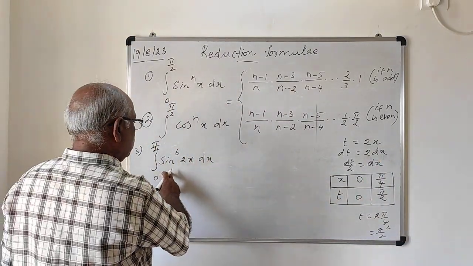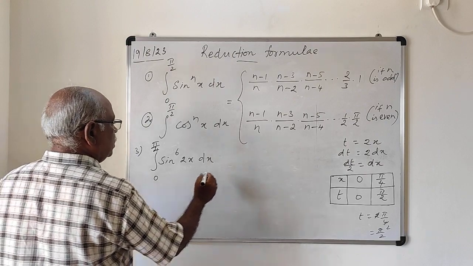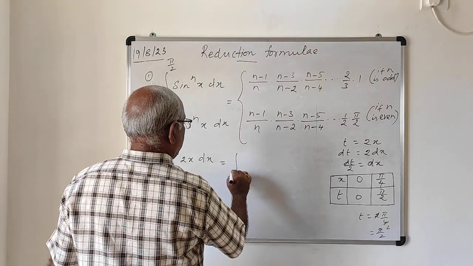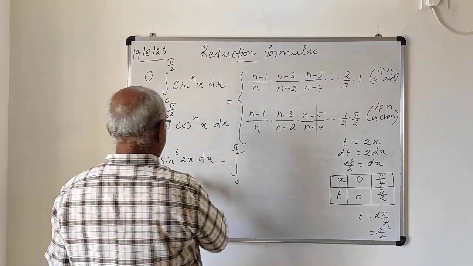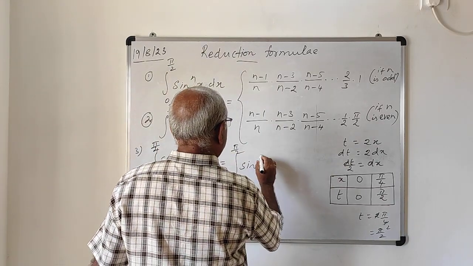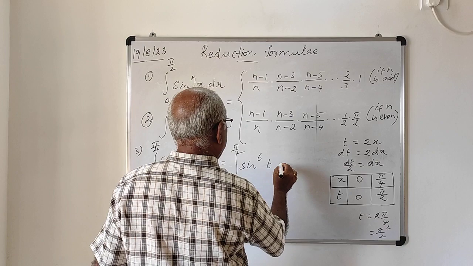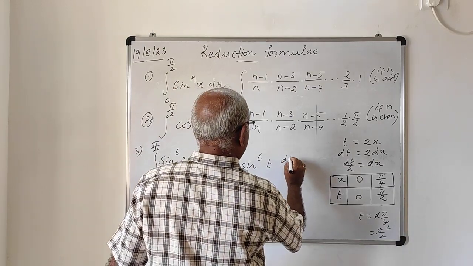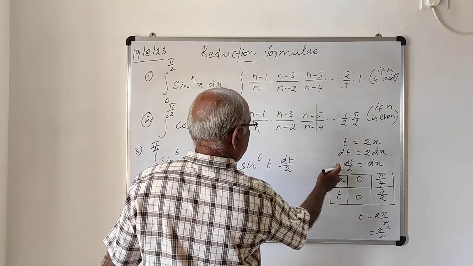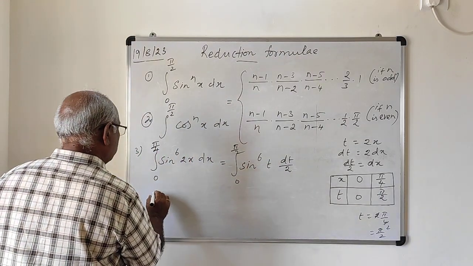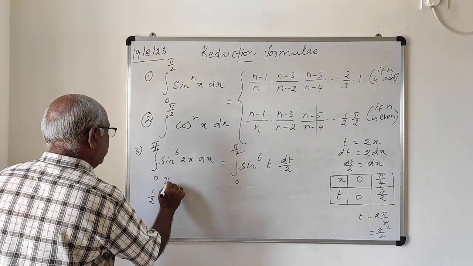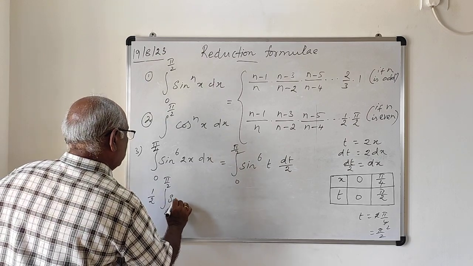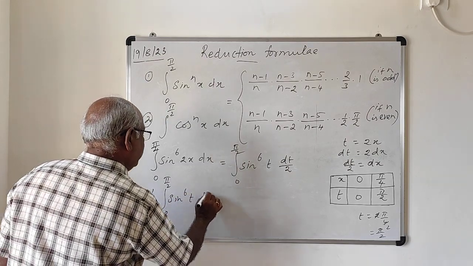So this problem now reduces to integral 0 to 5 pi by 2, standard form, sine power 6 of t, and dx is dt by 2. You take that 1/2 out of the integral, you will get 1/2 into integral 0 to 5 pi by 2 sine power 6 t dt.